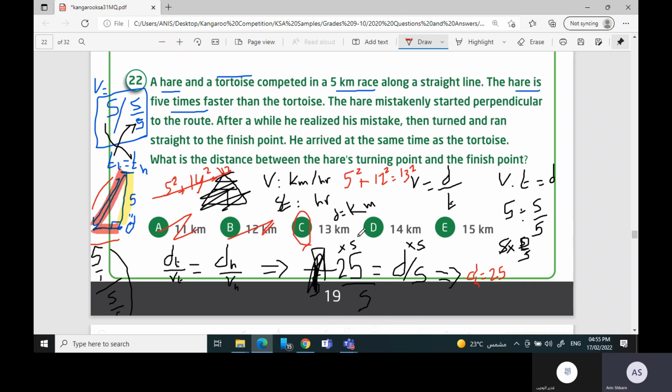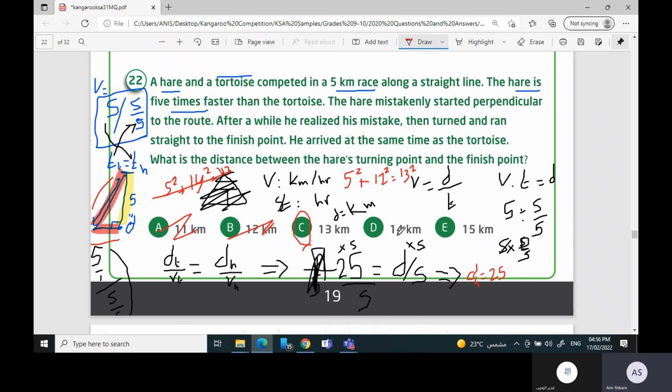Let us try this one and this one quickly. If the answer is 14, of course, to complete 25, this one must be equal to 11. So 11 power 2 plus 5 power 2 must be equal to 14 power 2. I'm saying that 11 power 2, 121, plus 25, 146, must be equal to 14 power 2, which is 196.